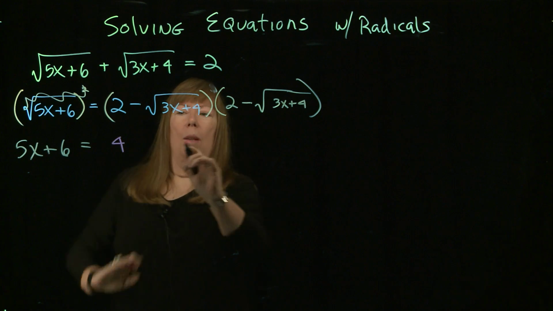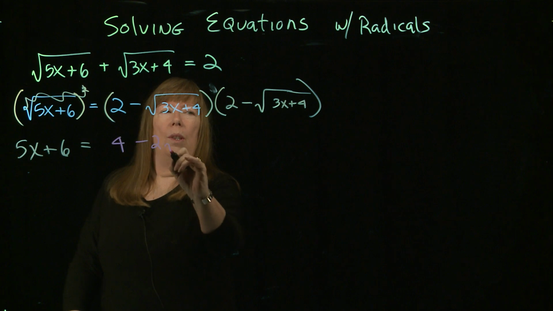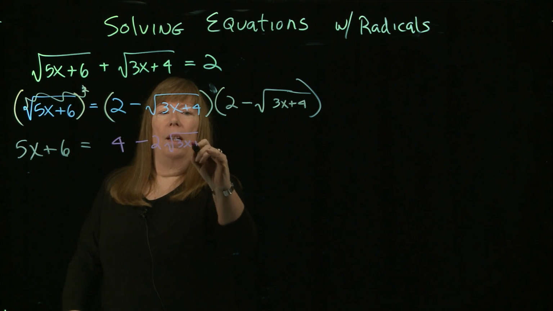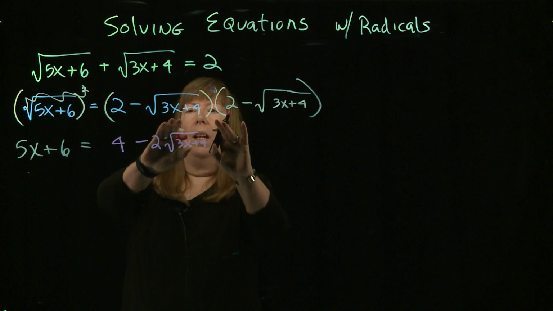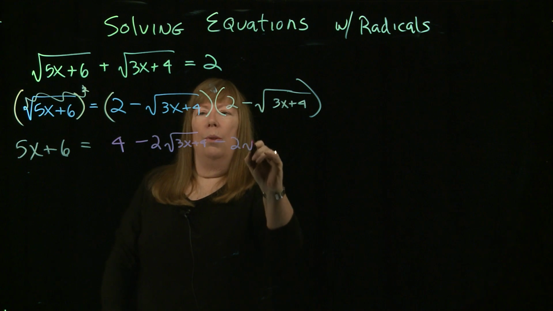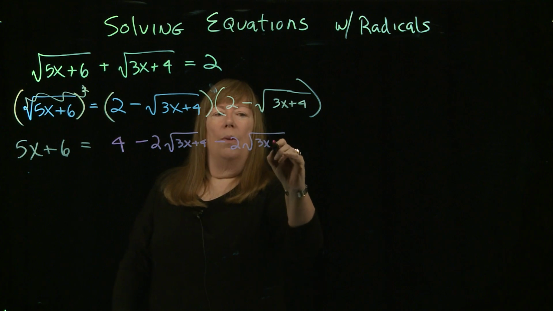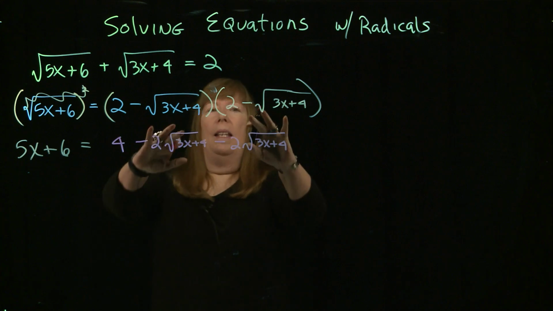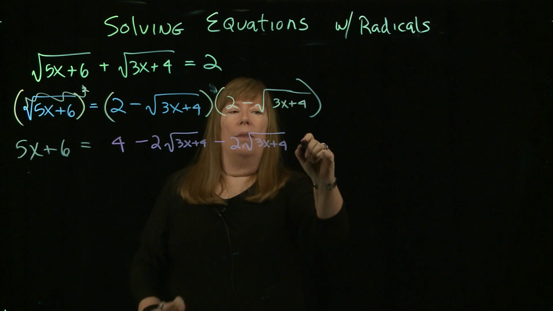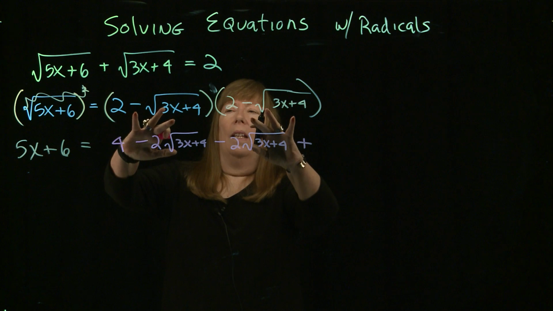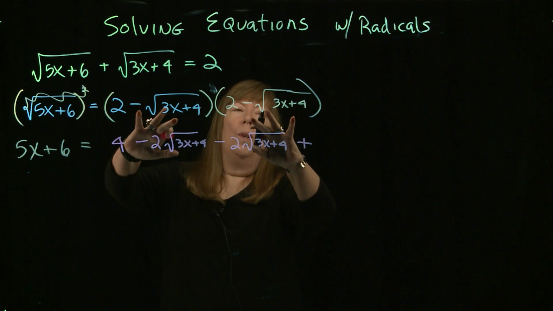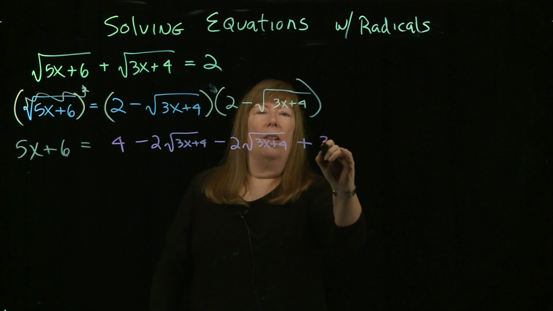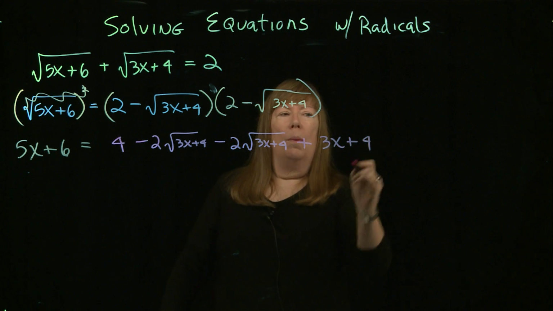Outsides, 2 times this is negative 2 times the square root of 3x plus 4. Insides, negative 2 times the square root of 3x plus 4. And last, negative times negative is positive. And since it's a square root and it's being squared, it's really just going to end up being that.